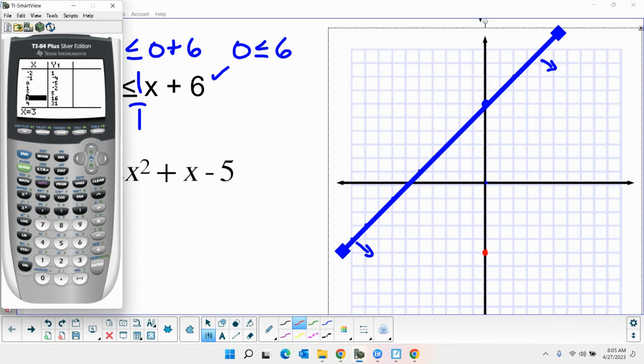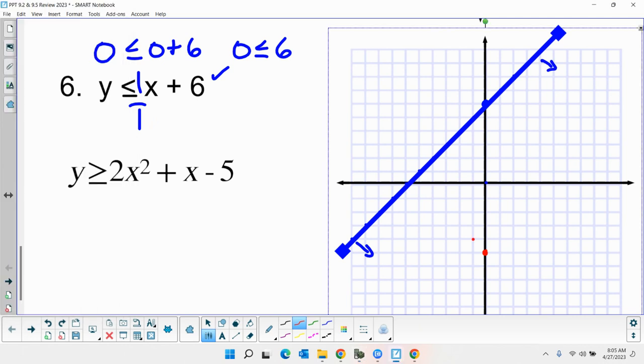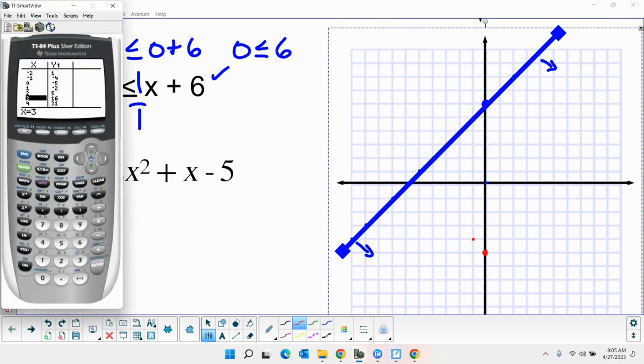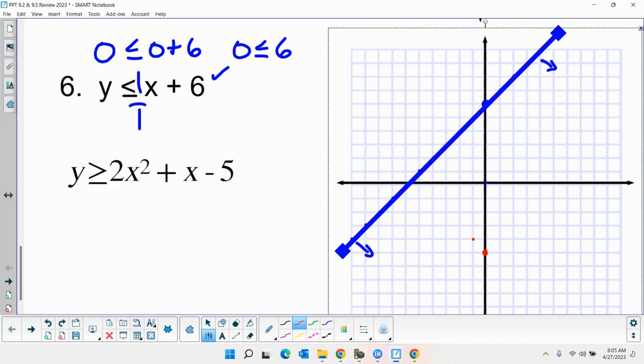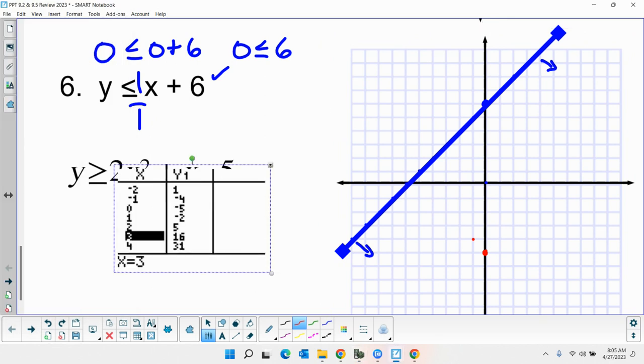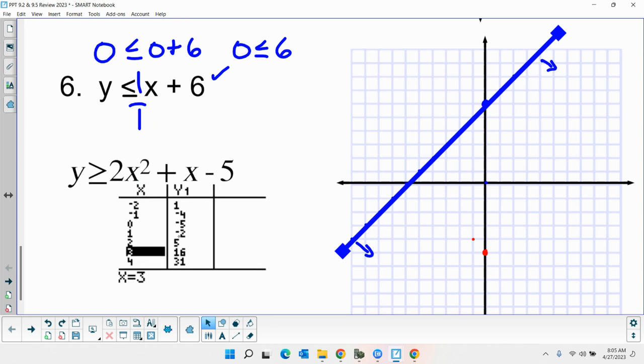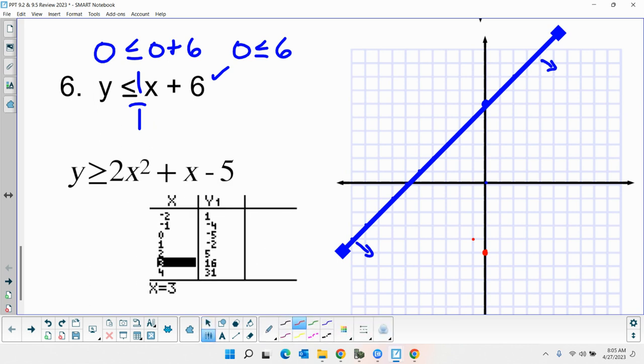All right, so -1, -4. I should pull those out again, shouldn't I? All right, -1, -4, 0, -1, -2.